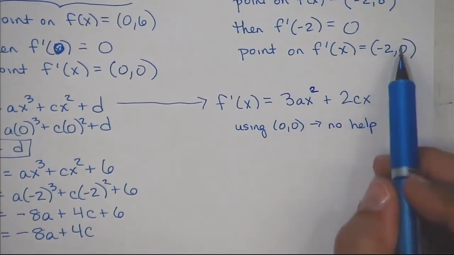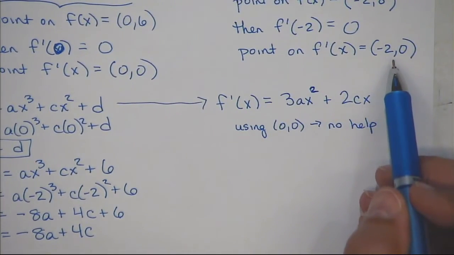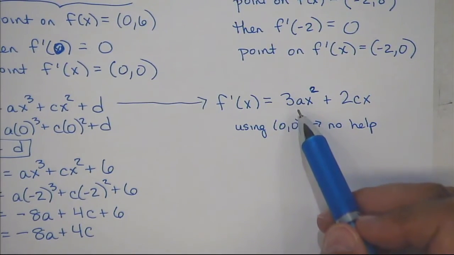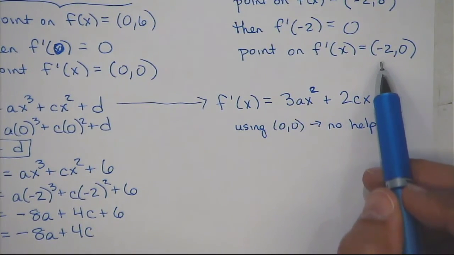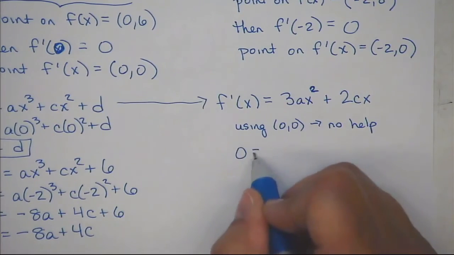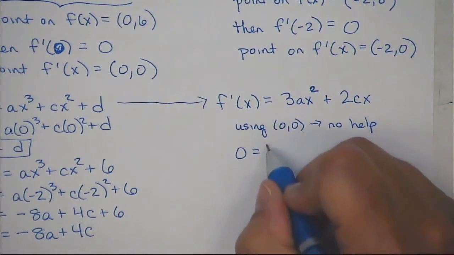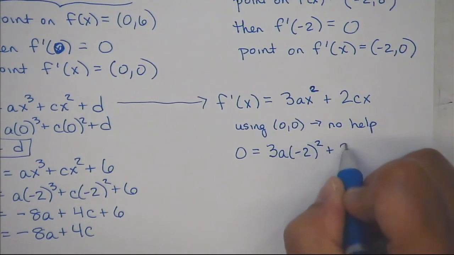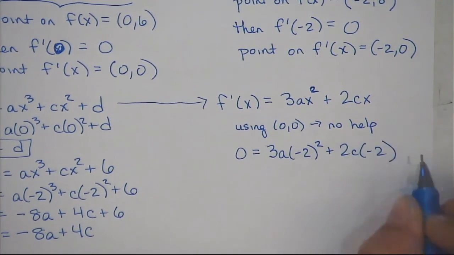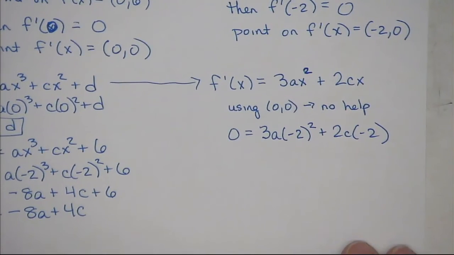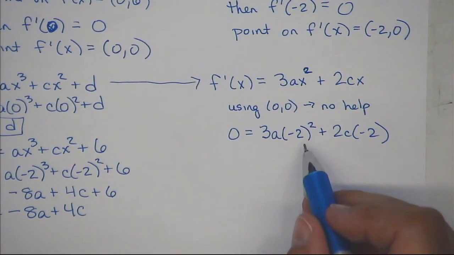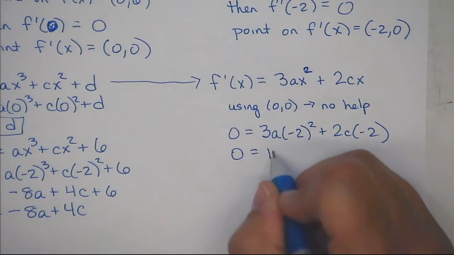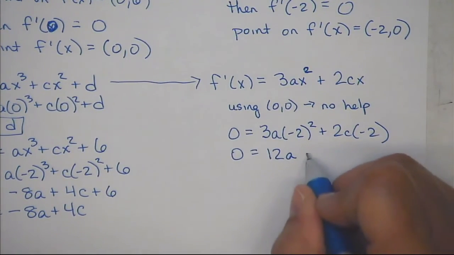So all I really can do is plug in negative 2, 0 into the derivative, and let's see what happens. So I'm going to use negative 2, 0. So y is 0, x is negative 2. And then we can simplify that. So this is 4 times 3, so that's 12a minus 4c.